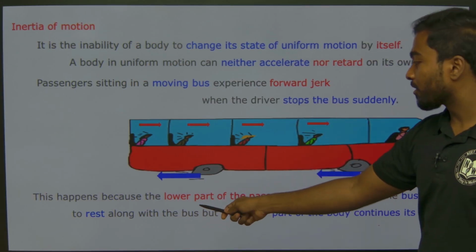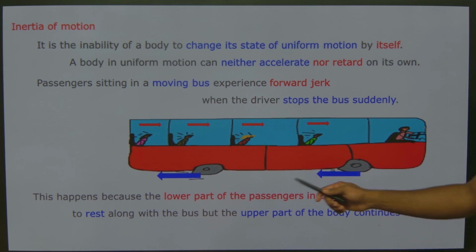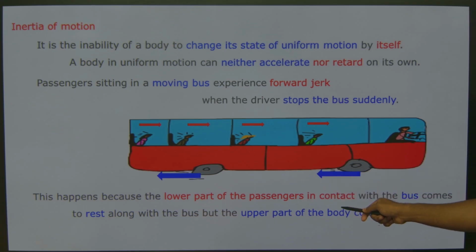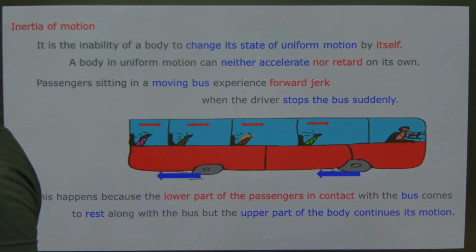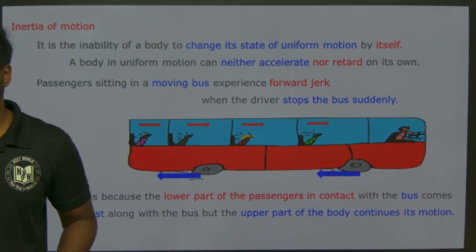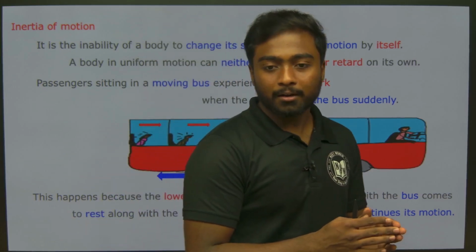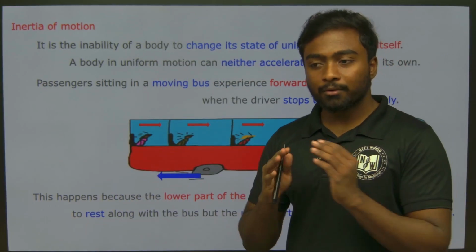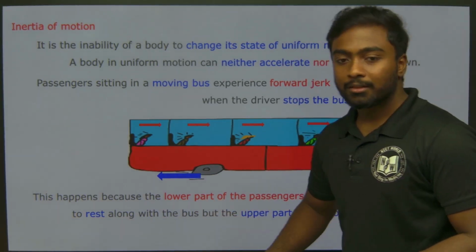This happens because the lower part of the passenger in contact with the bus comes to rest along with the bus, but the upper part of the body continues its motion. Like when a driver applies the brake suddenly, the bus has stopped, but you are in forward motion only, no? That's the point they have explained here.